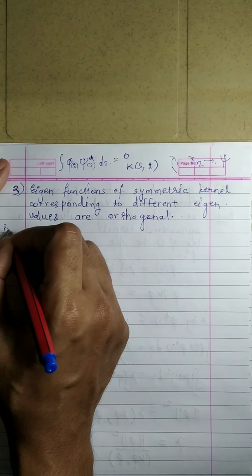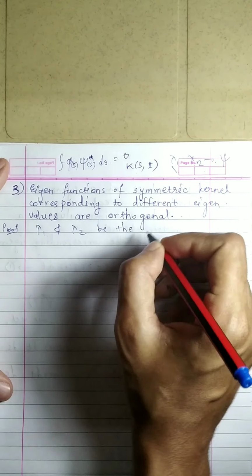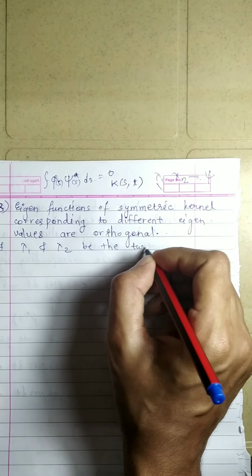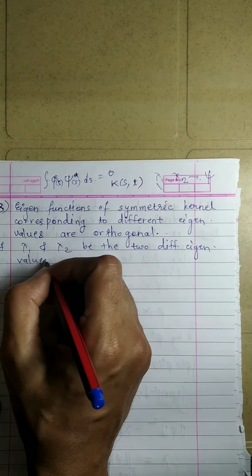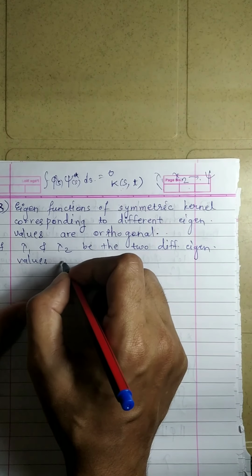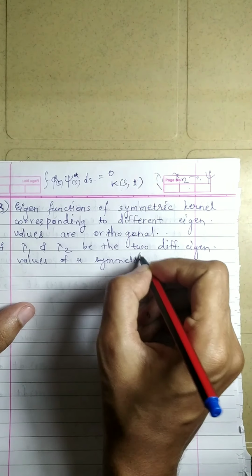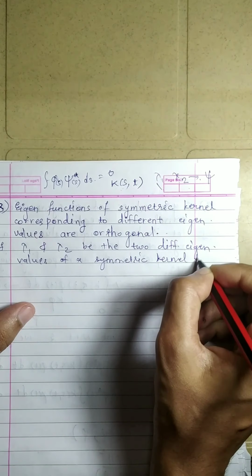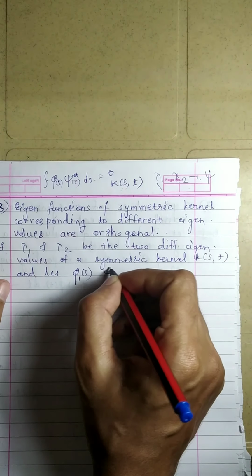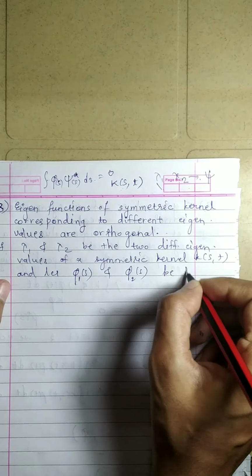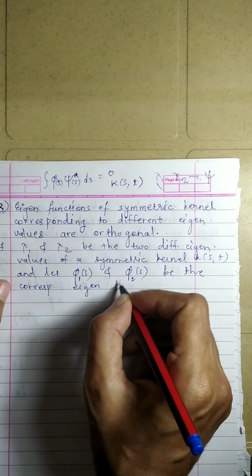To start with, let lambda 1 and lambda 2 be the two different eigenvalues of a symmetric kernel K(s, t), and let phi 1 of s and phi 2 of s be the corresponding eigenfunctions.